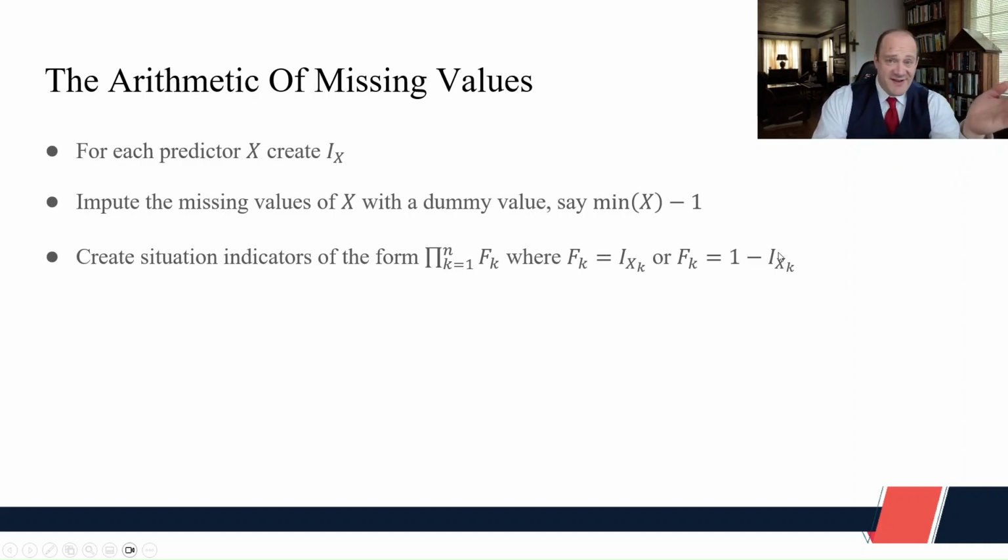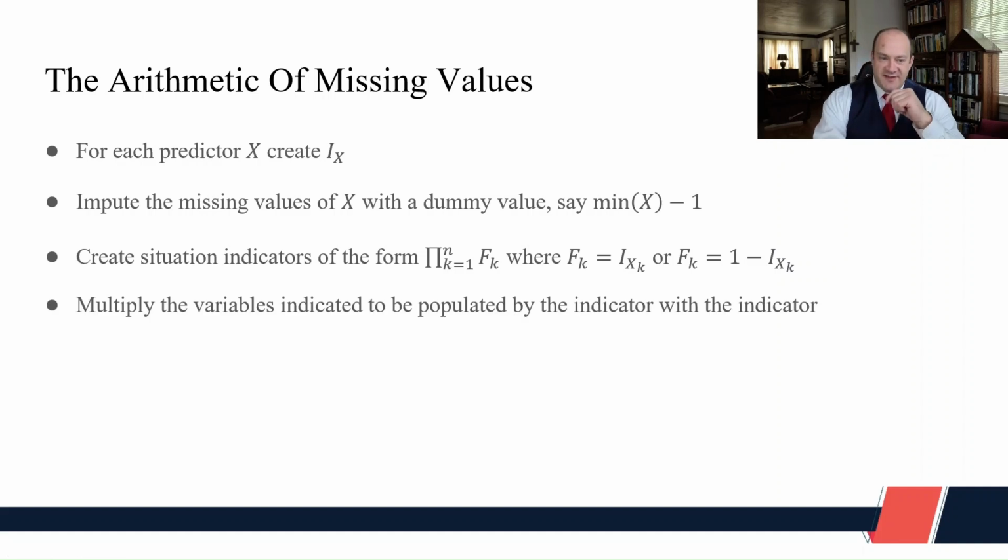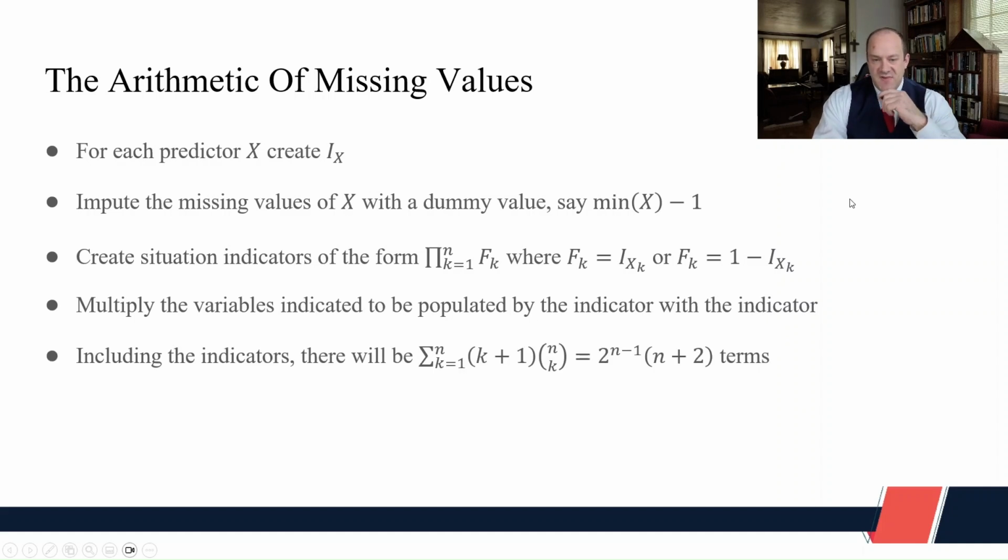When it's 1 minus the indicator, it's indicating that it is populated. Then we're going to look at all of those products, and we're going to multiply the variables which are indicated to be populated, that is to say, this variable is turned on, by the indicator. And so this is going to create this many terms: 2 to the n times n plus 2 terms.